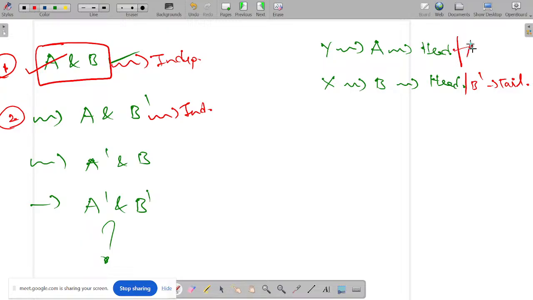So I got A dash, not the happening of B. What can you get? We already said independent, head can come and tail can come. So when A dash comes, you can get B or you can get B dash. So this set is also independent. So once A and B are independent, obviously the other three set pairs are also independent.